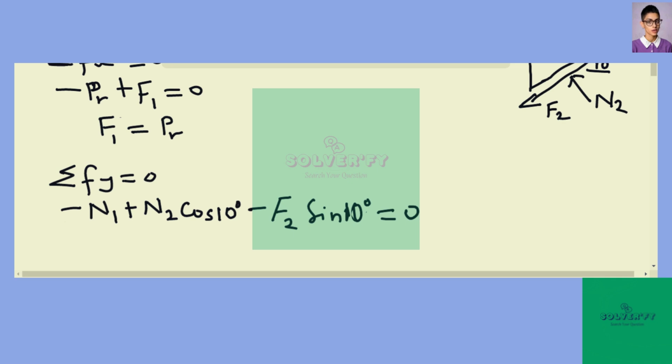So when we do that, you can figure out your N2, plugging in all your values. You're going to have N2 equal to 2.86. Put in your mu. Of course, our F2, as I said, now becomes mu N2, the equation of static friction.